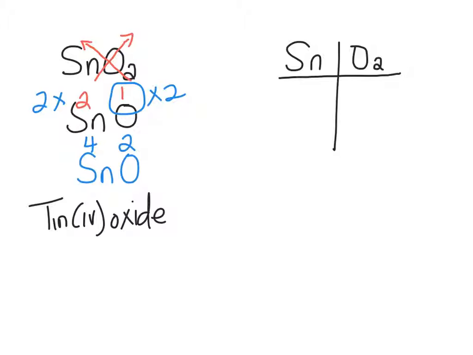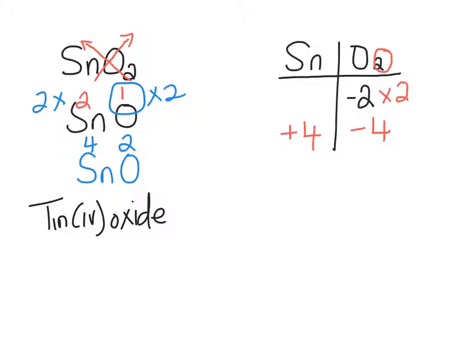Here's our formula. So we've got our negatives. We know that oxygen is -2. There happens to be 2 of them, so we multiply by 2. So the total negative is -4. That means, because it's zero sum, that the total positive should be +4.